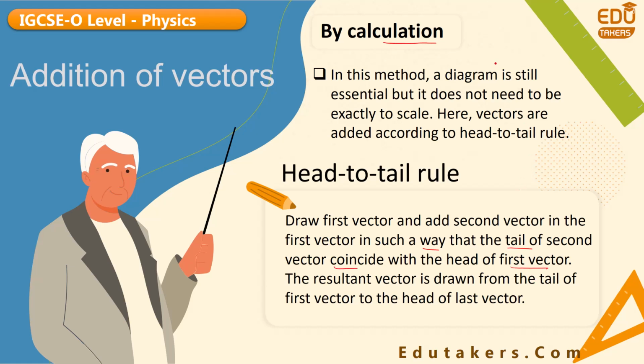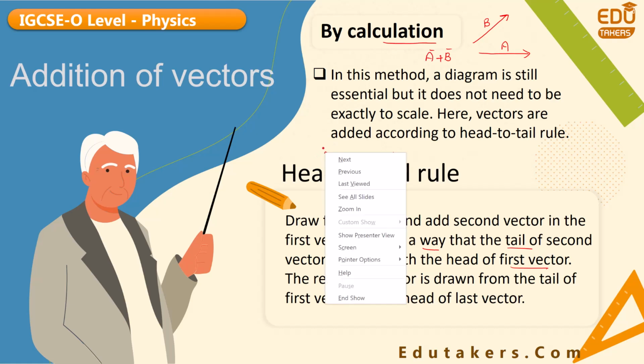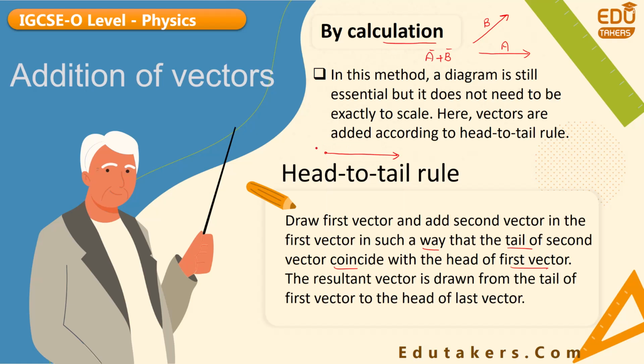What does this mean? Suppose that there are two vectors, vector A and vector B. You are going to find out the sum of these vectors, A plus B. When you draw any vector here, this is basically the tail of that vector, while the other side is the head of that vector.